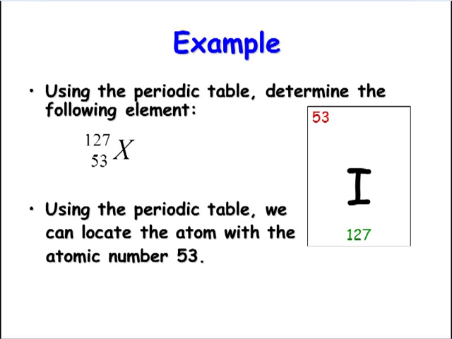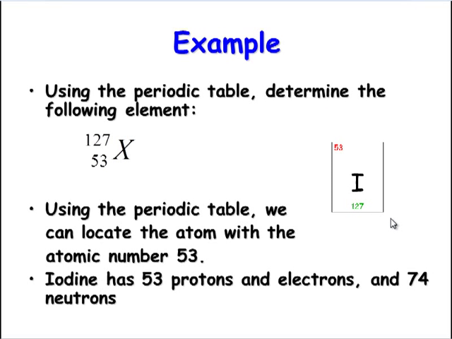So we look for number 53 in the atomic number, and that identifies that the element must therefore be iodine. Looking at that, we could take it a step further and say, with that information, there's 53 protons, which must be the same as the number of electrons, and the difference between those numbers is 74, and that is the number of neutrons.